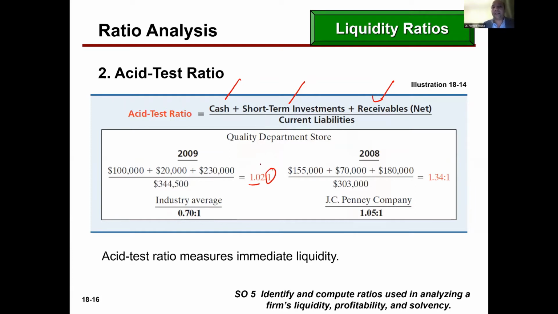That means you're still in a very good liquidity position because it is still more than one, and your cash and most liquid assets already cover your debts. Compared to the industry average, the industry average is less than 1.7. So you're doing well.